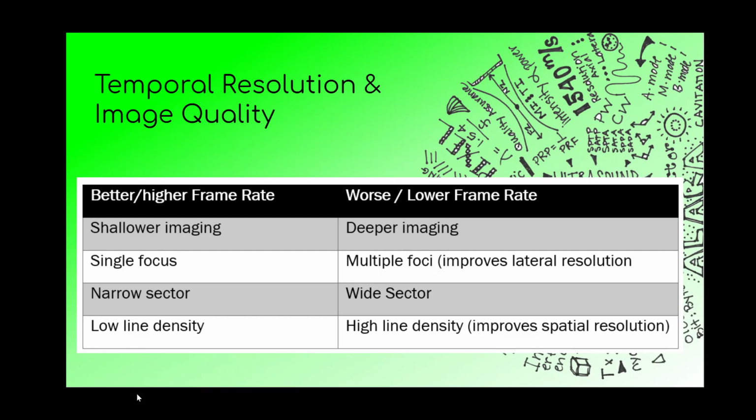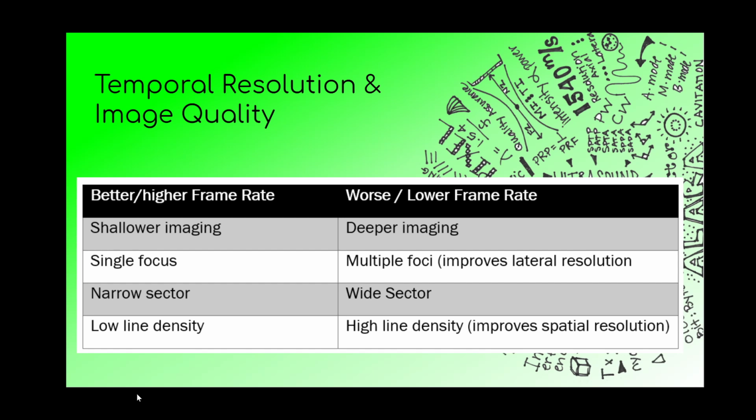So as you've seen, all the settings that we are able to control can improve our temporal resolution, but it's usually going to come at some sort of price of worsening another type of resolution, be it spatial resolution or lateral resolution. So it's really up to you. What do I want out of my picture? Am I more interested in getting a super image of something that's moving, where I can see the structures and how they're moving in real time?